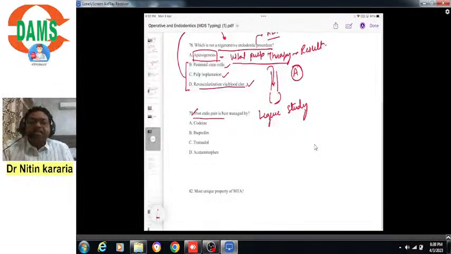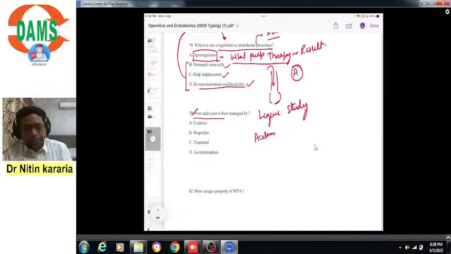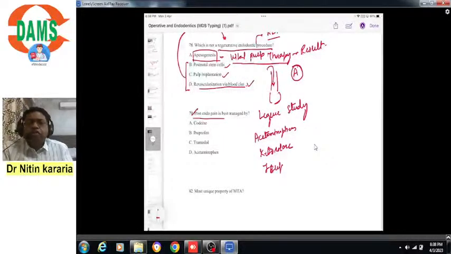This League study found that the efficacy of drugs like acetaminophen, ketorolac, and ibuprofen, these three drugs, all of which are non-steroidal anti-inflammatory drugs, is superior as compared to other non-steroidal anti-inflammatory drugs.